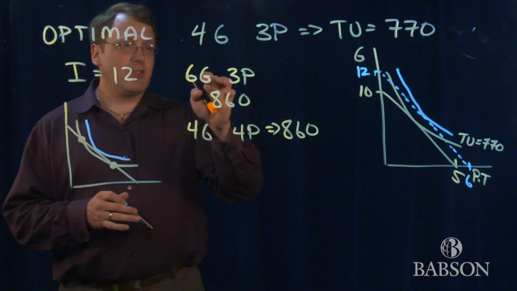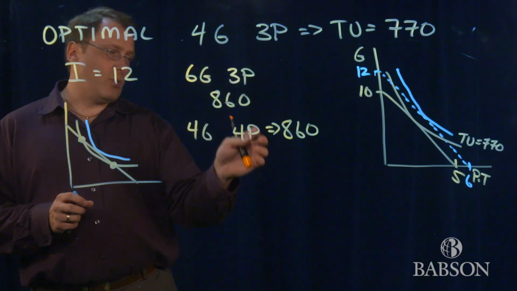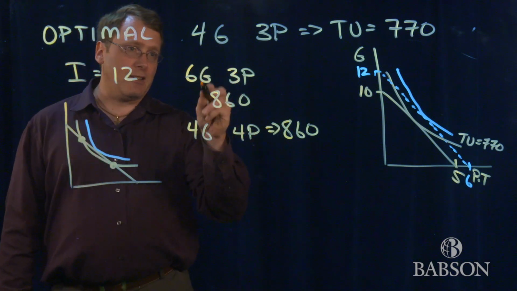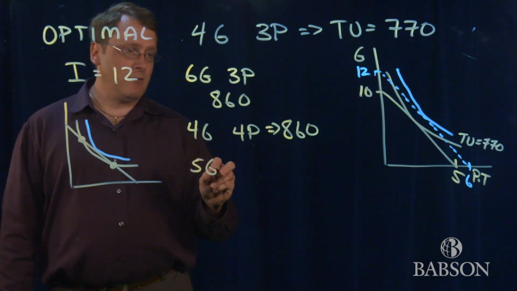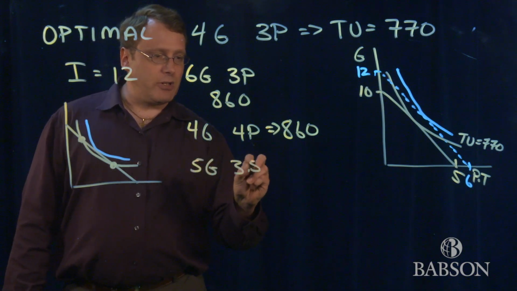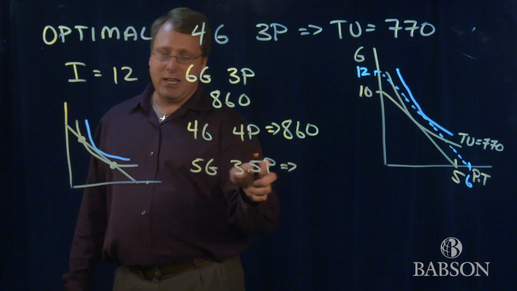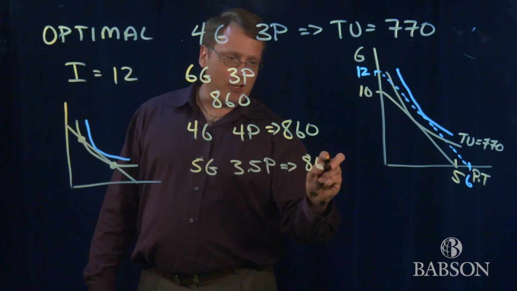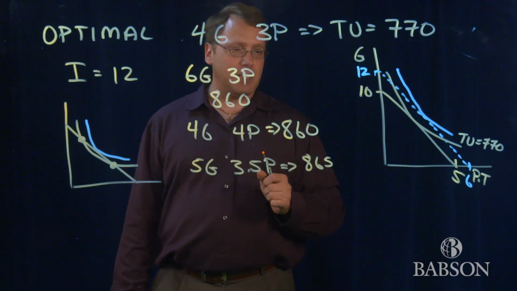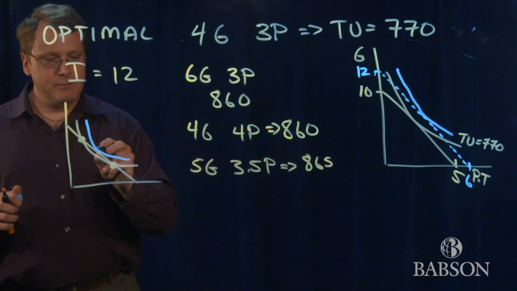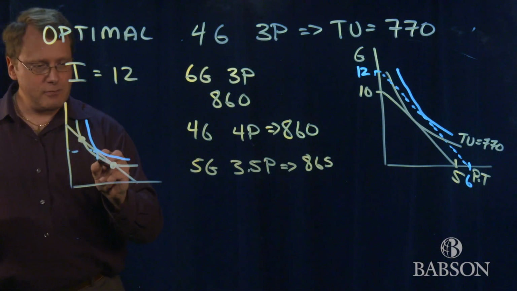So what if instead of spending both dollars on granola or both dollars on Pop-Tarts, they split that, and in fact, now they could do 5 granola and 3.5 Pop-Tarts. What we'd see with that combination is they can actually get 865 units of utility, and that's better. That's this point now on this curve.